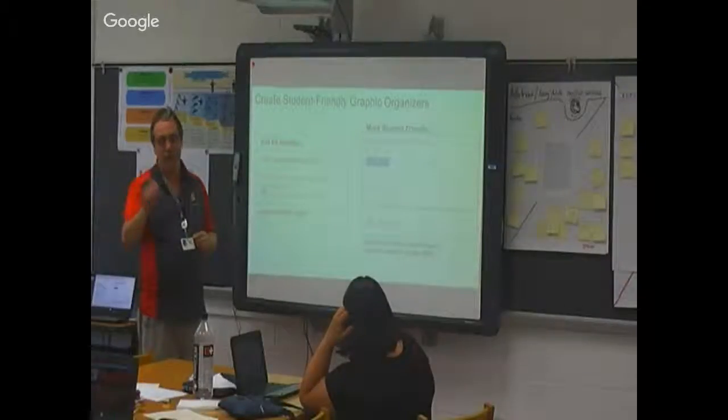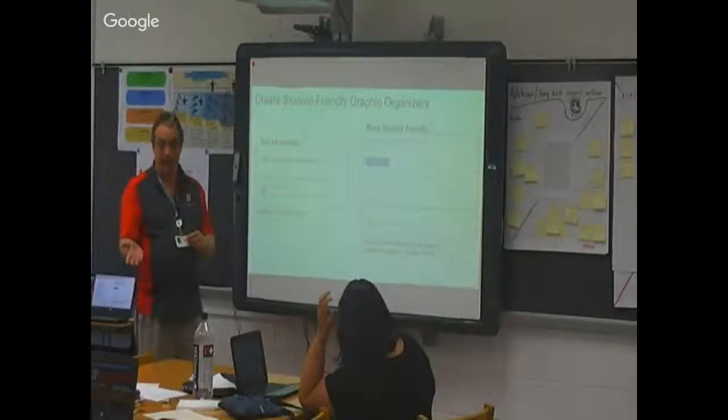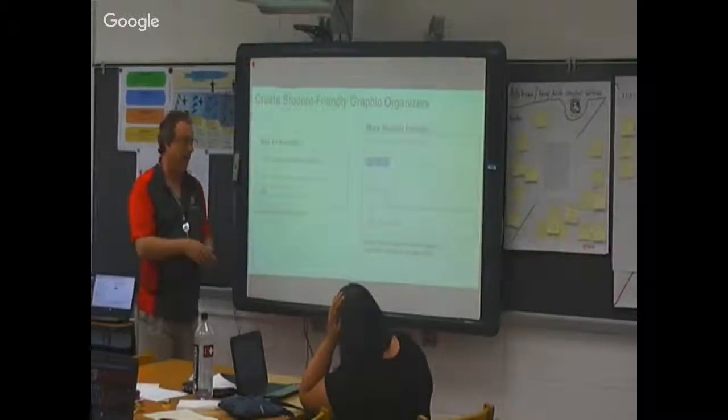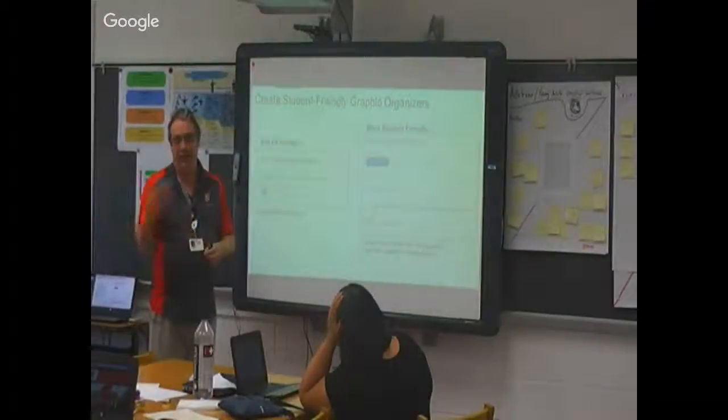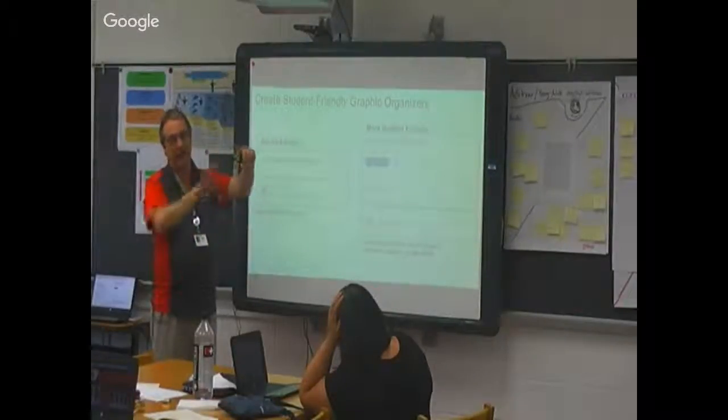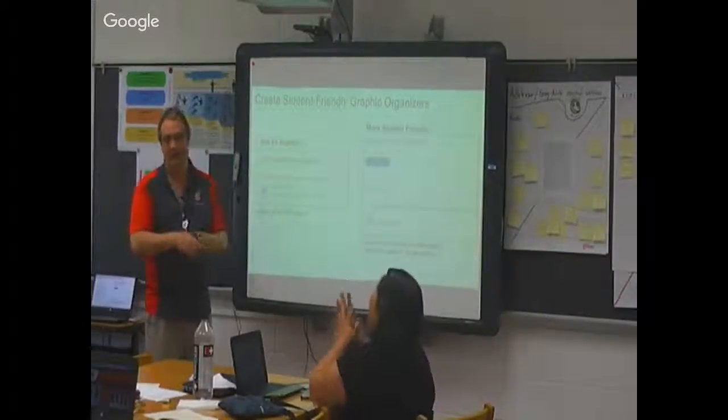Then kids can't move that stuff because all that stuff is a background. If you've got a PDF that you need to make a graphic organizer or worksheet from, you can do the same thing: just save your PDF as a JPEG image, put it in the slide, make that the background on the slide, then they can't move that, and they can fill that.